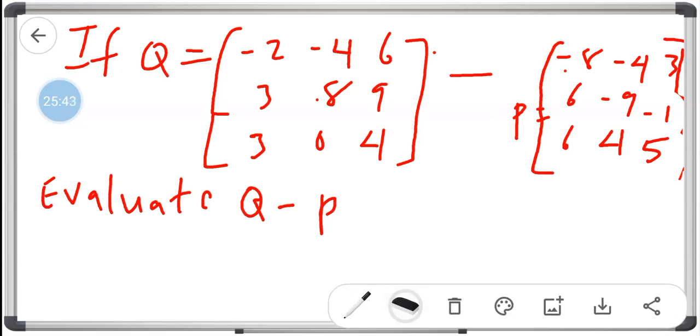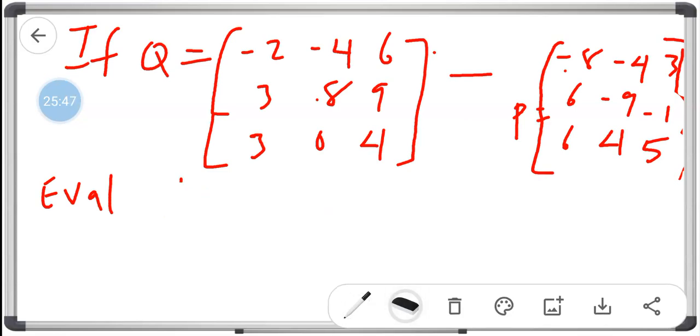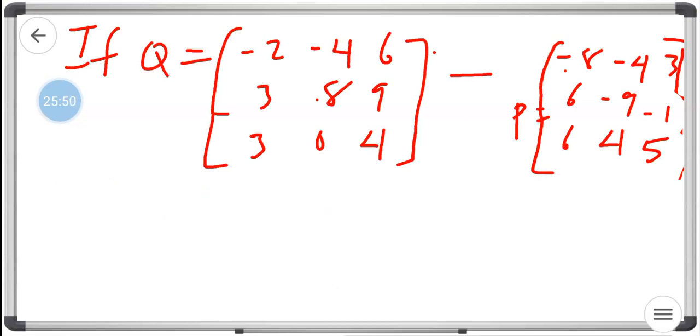And I'll be rubbing this hand here as well. Now let's evaluate it. From Q, we have minus 2, and we are subtracting minus 8 here, that's A11.